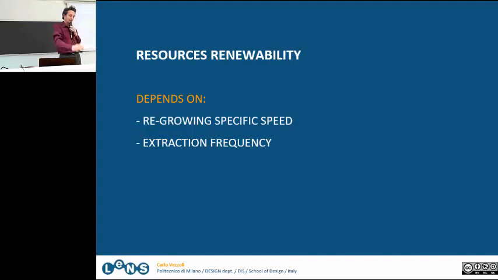Even oil has been produced during millennia because of the vegetation that was there, all the process. So if this is the quantity that I'm using in relation to the very slow speed of regrowing of oil, this is compatible. I could say that this is a renewable material. Of course, this is not the reality, but just to make an example and to let you know that when we speak about renewability, we have to take this into consideration.